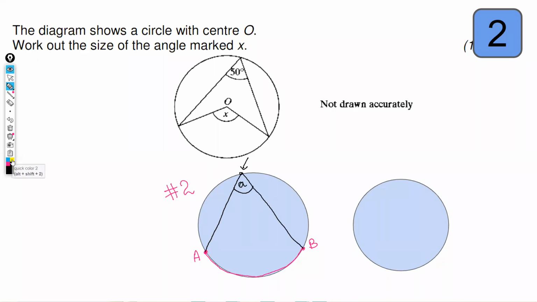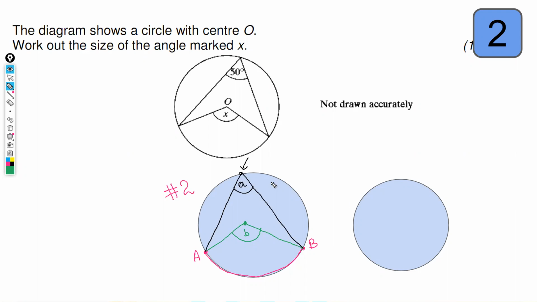Now, it also says that if you have another angle starting at A, but this time it goes to the center of the circle, so I'll use this dot to represent the center, and it bounces back, there will also be an angle here. From just looking at these angles, you can clearly see that the green one is bigger than the black one.